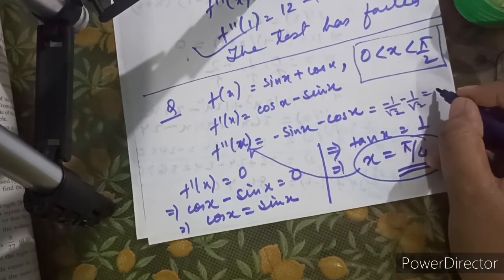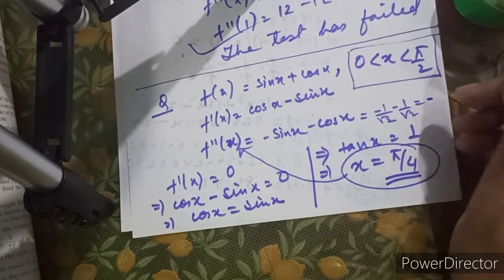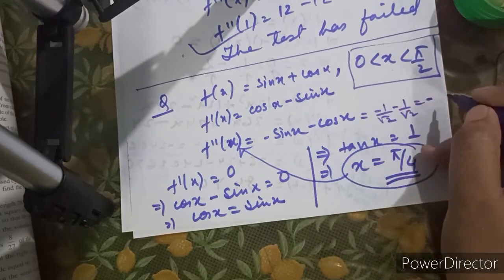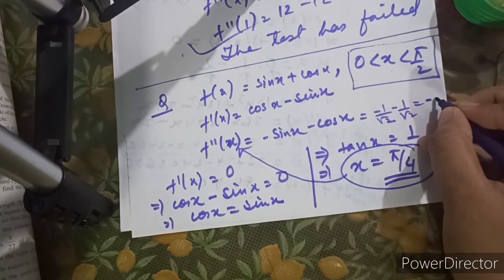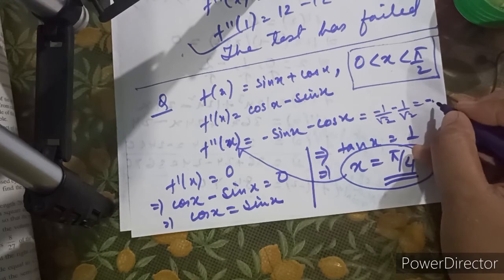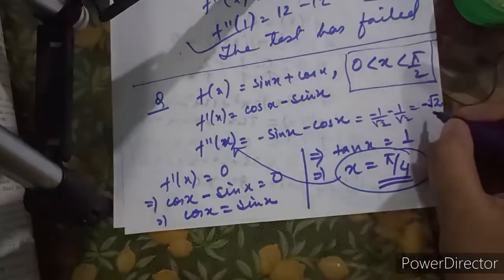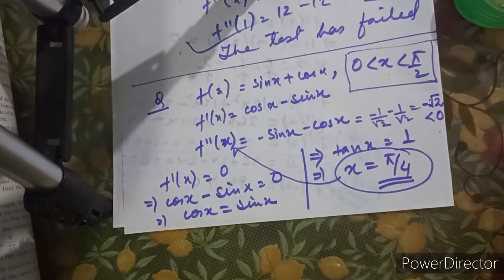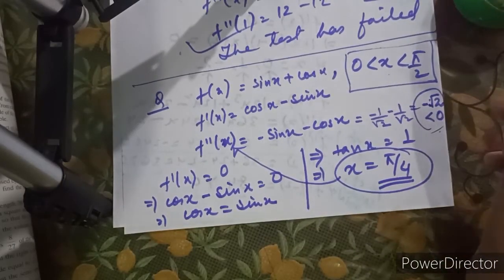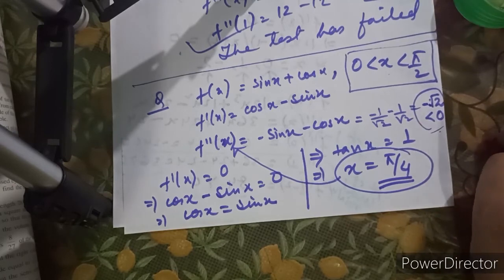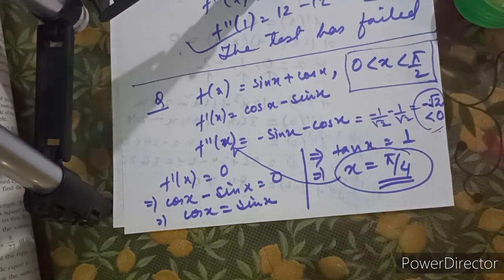That is, you will get minus root 2, that means it is less than 0. That means you can comment this is the point of local maxima, isn't it?